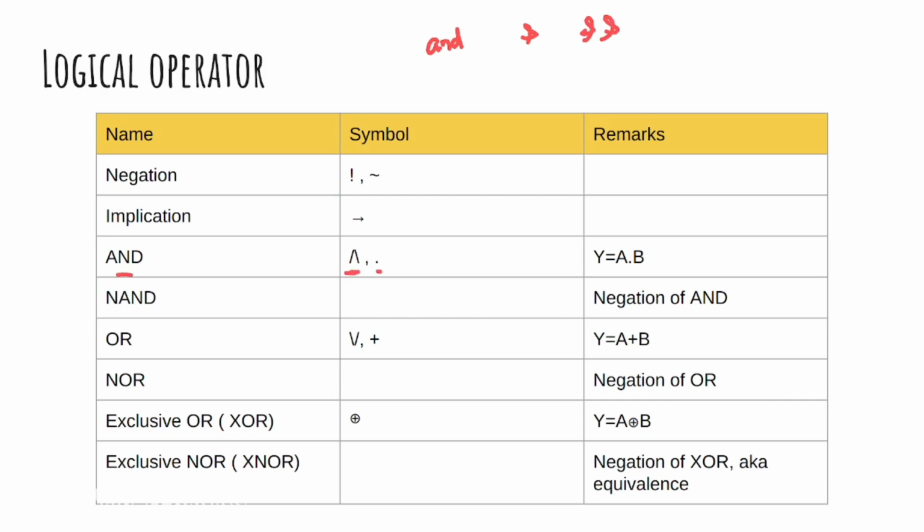In physics we simply write dot, but we will not be using dot here. For negation we will be using the first symbol or this symbol, or sometimes this symbol. For implication we will be using a simple arrow symbol, and NAND, NOR, exclusive OR, and exclusive NOR. So these are some logical operators.